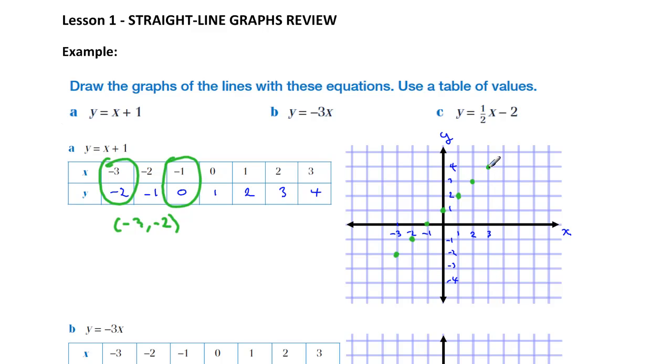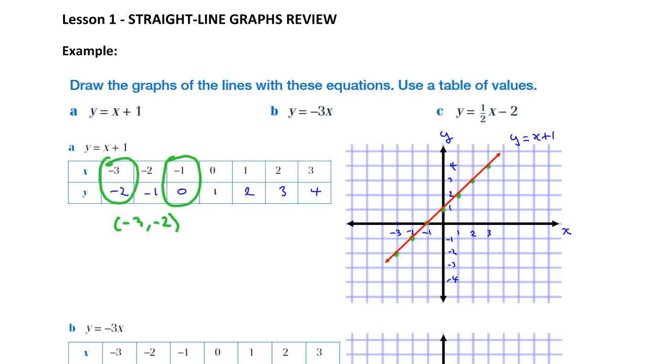Now if you've done this correctly, all of these dots lie on a straight line. So we'll draw a line joining these dots as best we can with a ruler, and you should have an arrow on either end, and you should also label the line. In this case we've drawn the line y is equal to x plus 1.